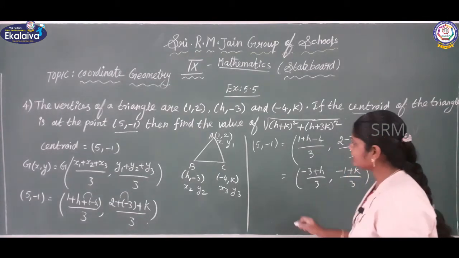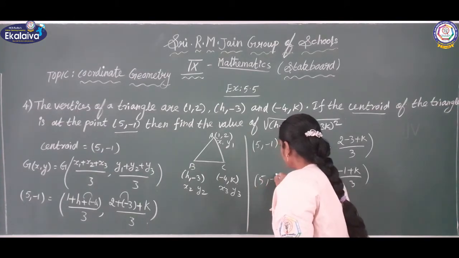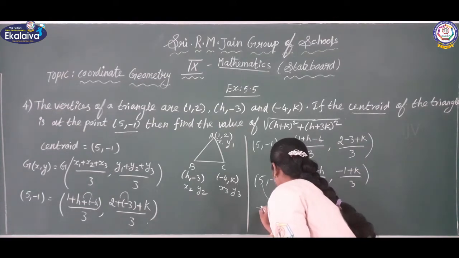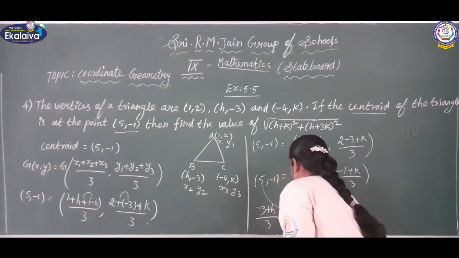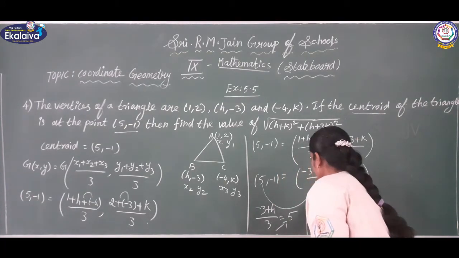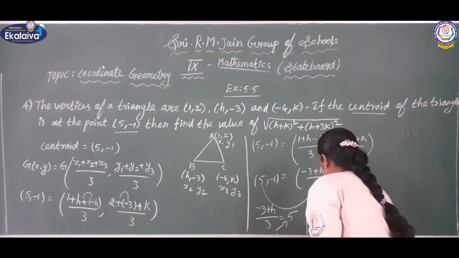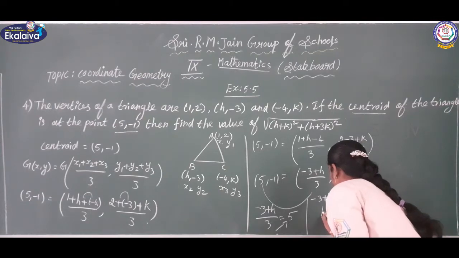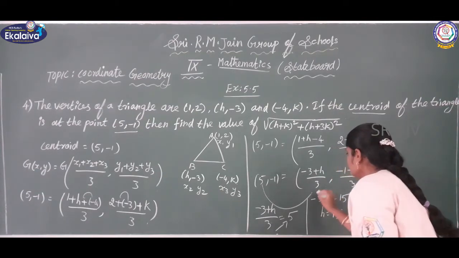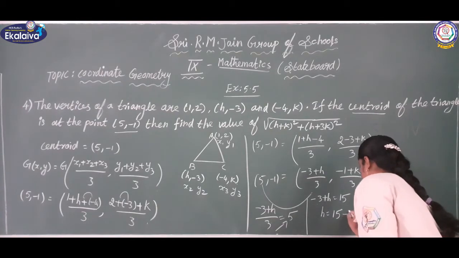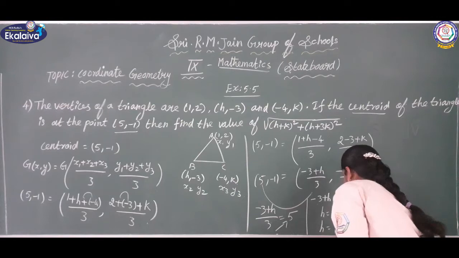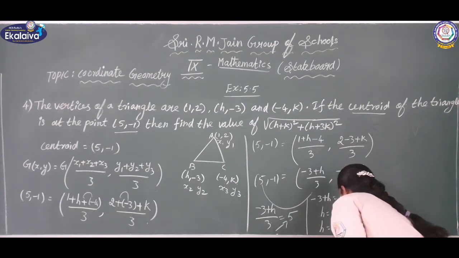Just equate the coordinates children. First equate the x coordinate. Minus 3 plus h by 3 equal to 5. Cross multiply this. Minus 3 plus h equal to 15. H equal to 15, the minus 3 will change other side, plus 3. So h equal to 18.